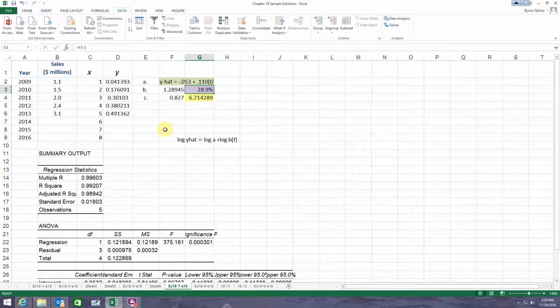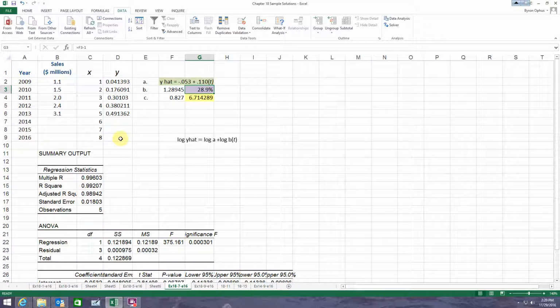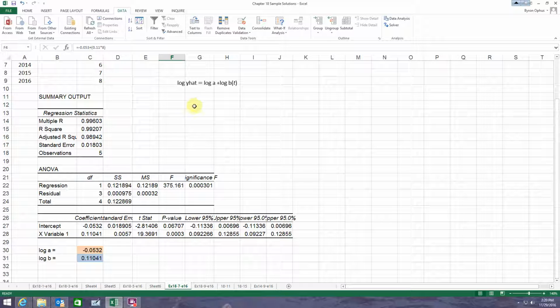Now I want to calculate this equation. I got to figure out what 2016 is. Okay, and remember my equation is here. It's giving me the logarithm, or the log 10 number. Okay, and so if I plug it in, I've got my log y hat is equal to log a plus log b times t, and so it's equal to my log a plus my log b times 8, which is the number that I'm looking for, 2016, right?